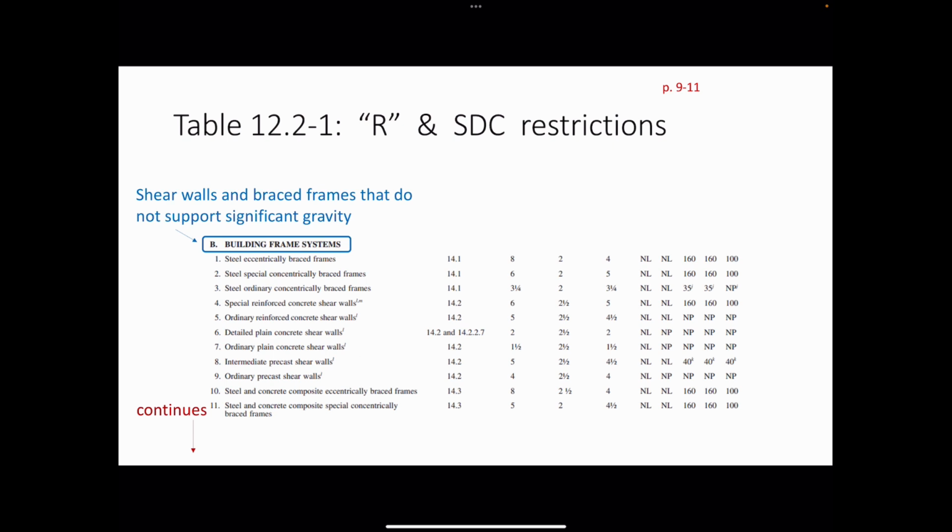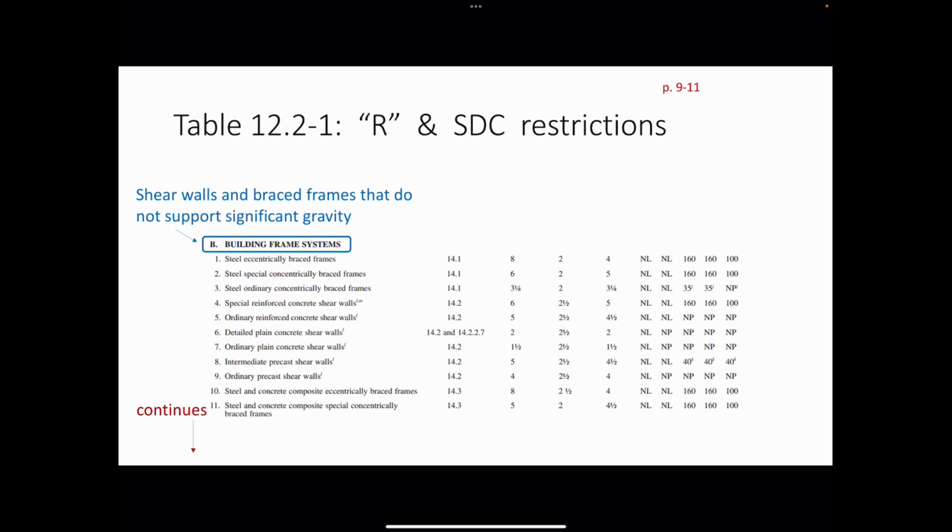The special, right, so in all of these systems, there's special shear walls, special brace frames, special moment frames, or ordinary or intermediate. So basically what that means is that the special ones are designed to be extra ductile. So the connections are designed in a certain way.